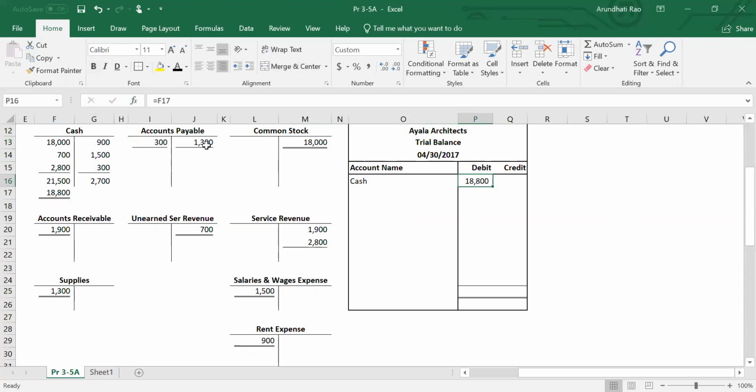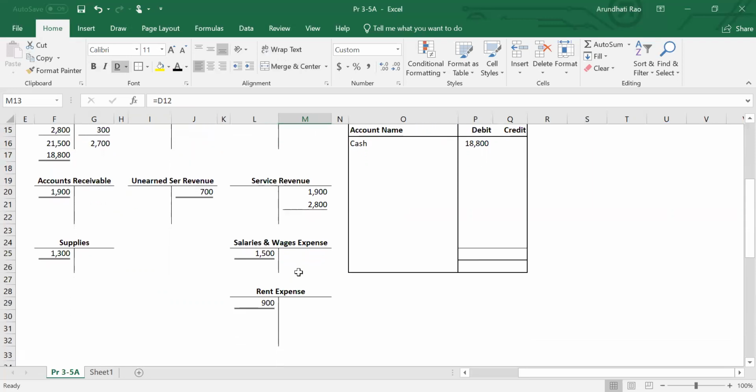Accounts payable, there was 1 entry on the debit side and 1 on the credit side. The difference on the credit side, I have $1,000. Common stock, there was only 1 entry, 18,000, so that's the balance I have over here. So we do the same for all the accounts. So accounts receivable, there's only 1 debit, we leave that over there. Unearned service revenue, 700 credit.